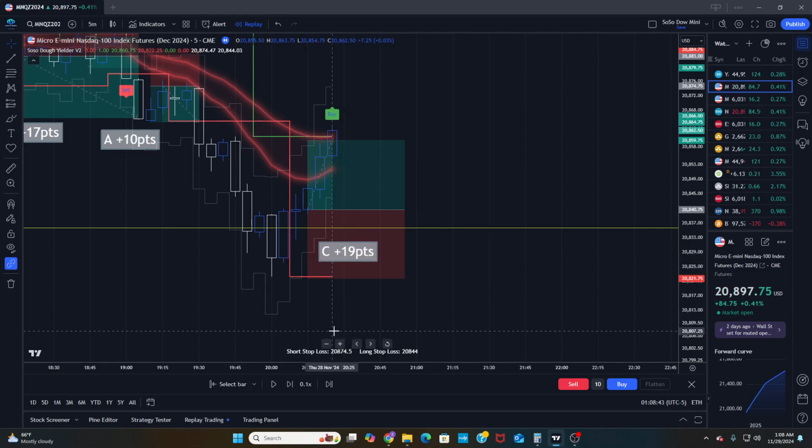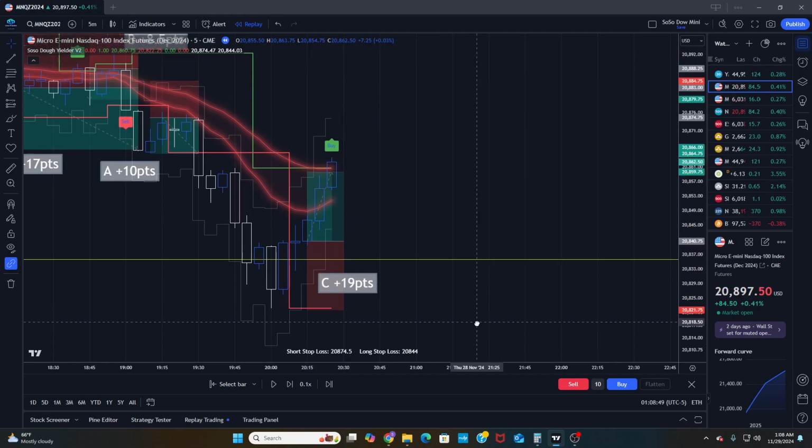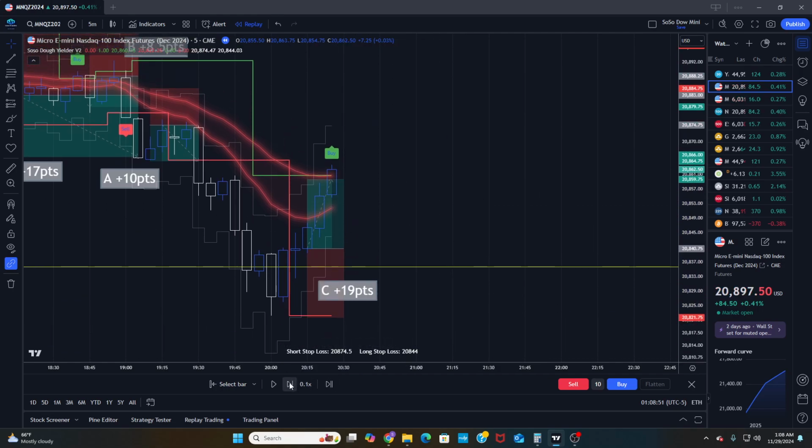All right, what time is it now? So it's 8:30, 8:25 on the chart. Okay, so here we have a downtrend and we got a signal in the opposite direction, so technically that's a B entry.